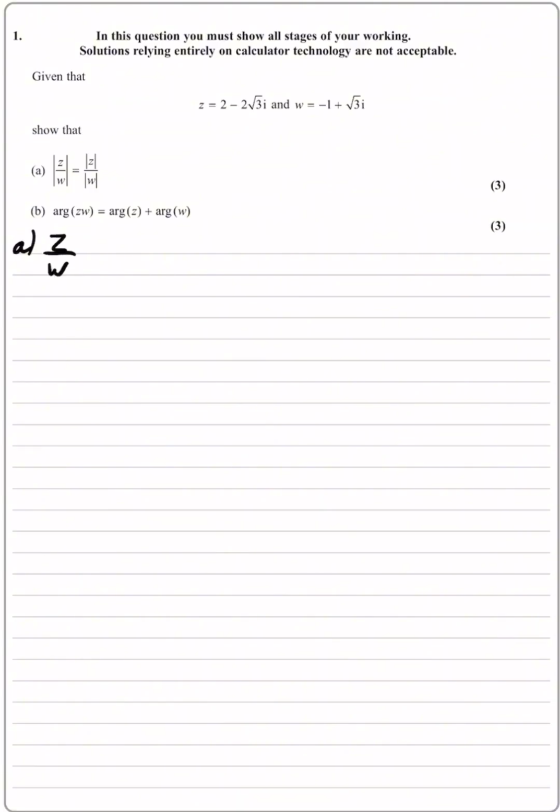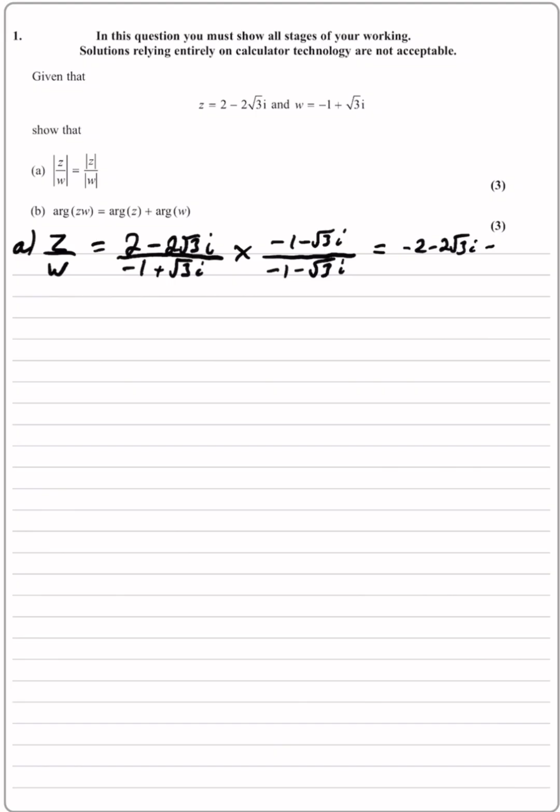Question number 1. This one is about performing the calculations with the complex numbers. So to show that the modulus of z over w is equal to the modulus of z divided by the modulus of w, we'll just calculate all of those values. To divide by -1 plus root 3i, multiply by its conjugate, that's -1, subtract root 3i, over -1, subtract root 3i.